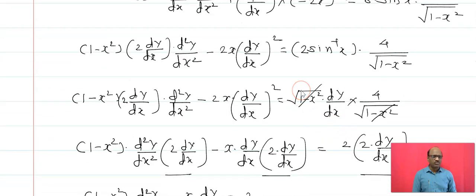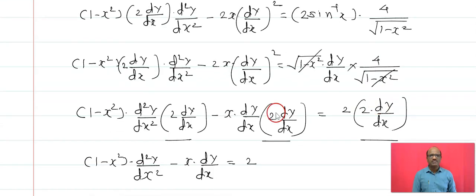Now here root of 1 minus x square and root of 1 minus x square get cancelled, and you will get 1 minus x square into d2y by dx square in bracket 2 dy by dx minus x into dy by dx, and in the next bracket 2 into dy by dx. And overall you will get, that is this 4 into dy by dx can be again written as 2 in bracket 2 into dy by dx.